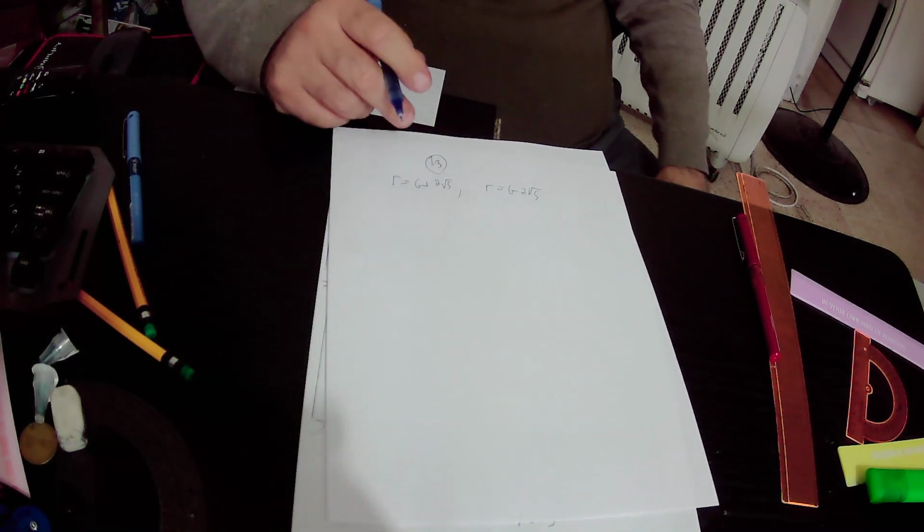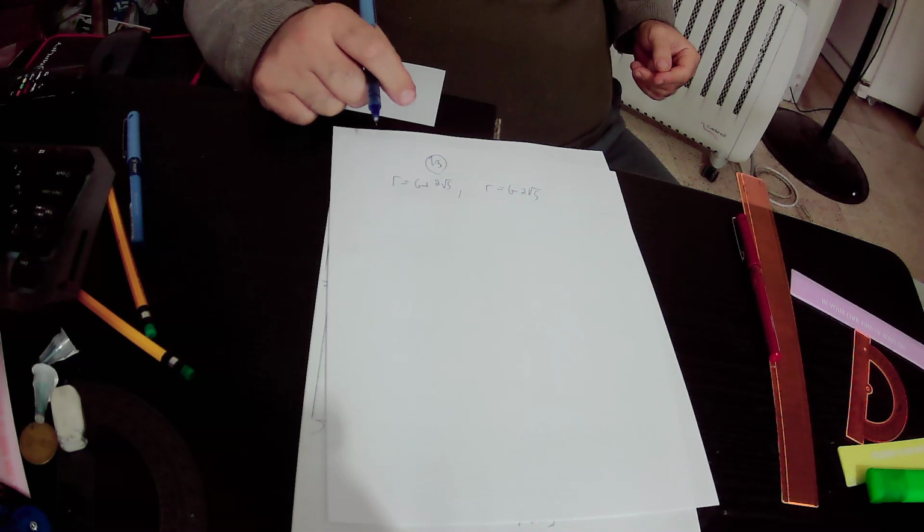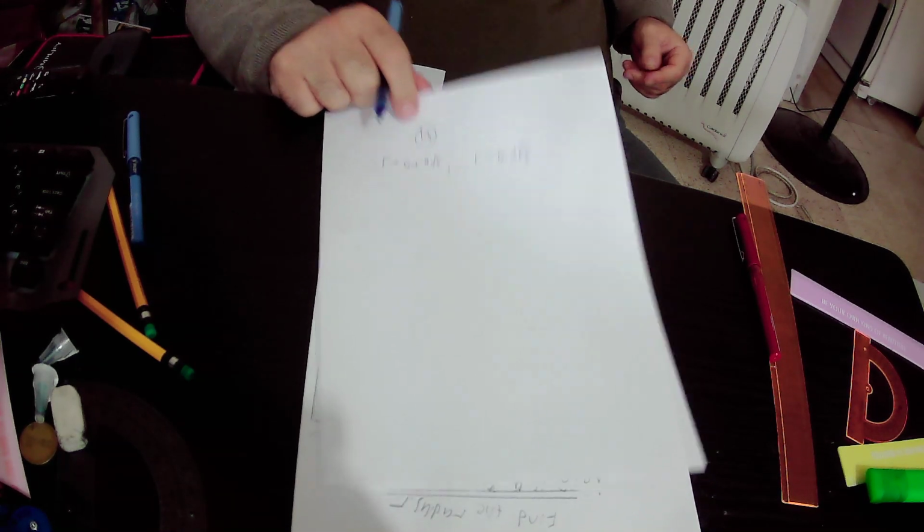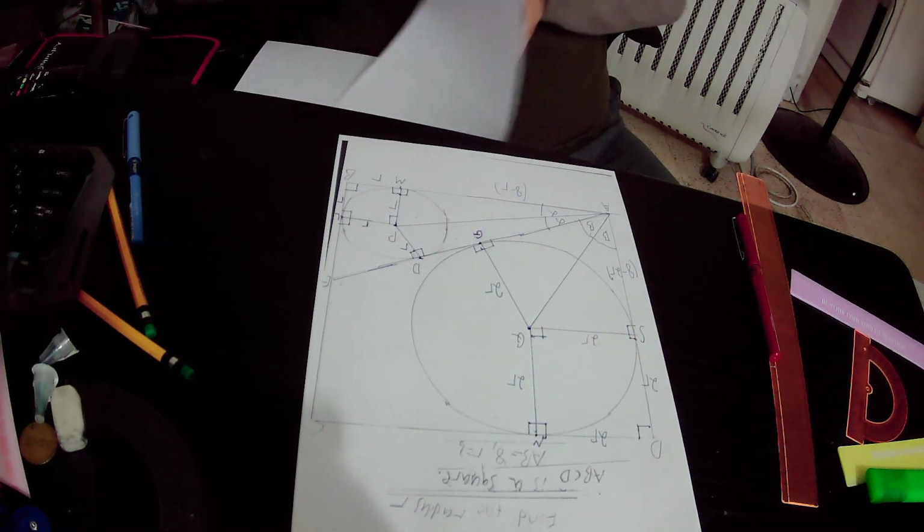So we have those two options, but we also know that AB equals 8 units.